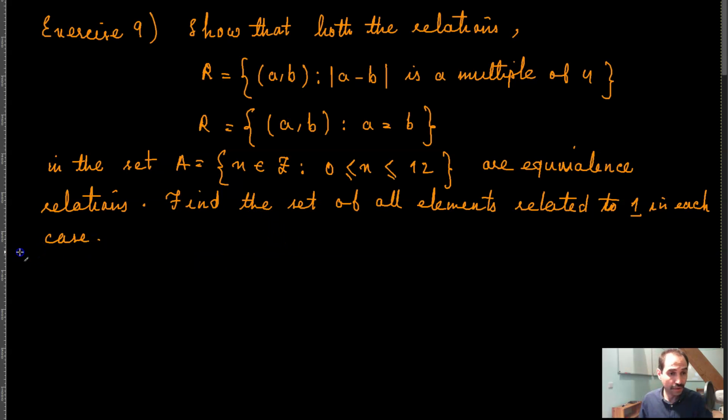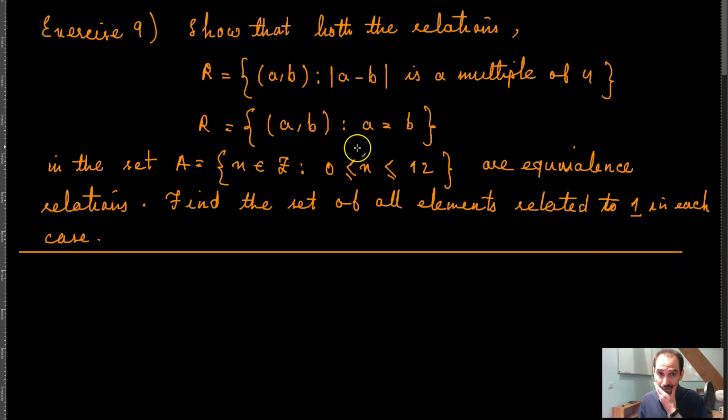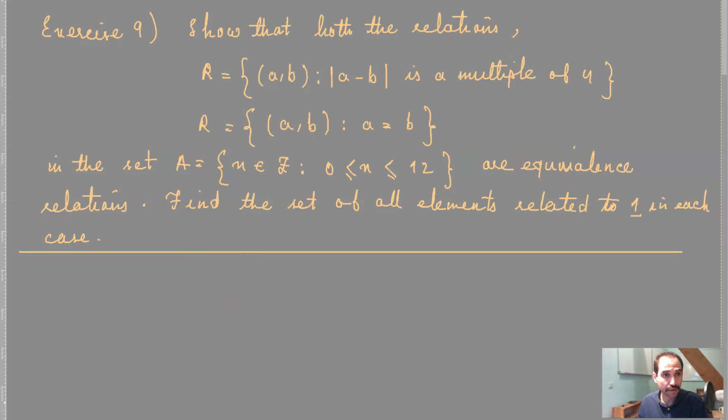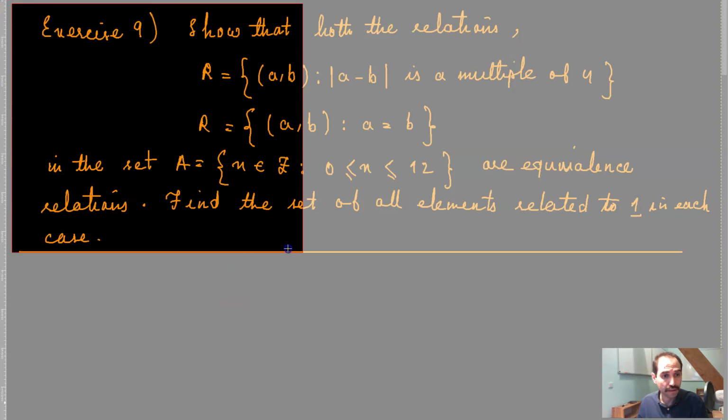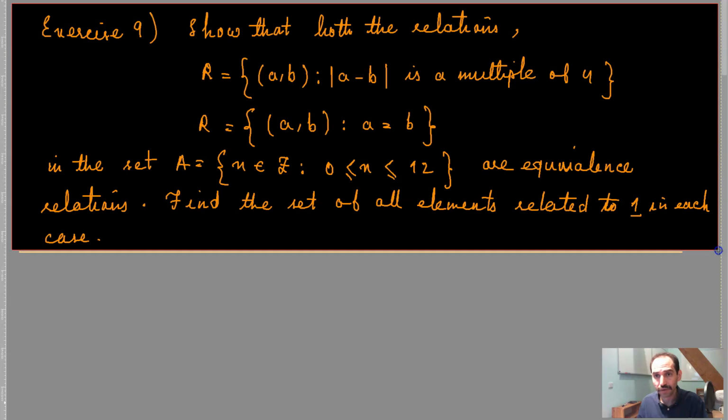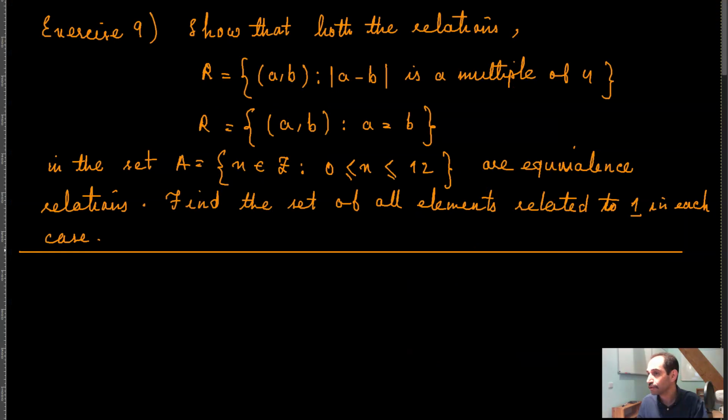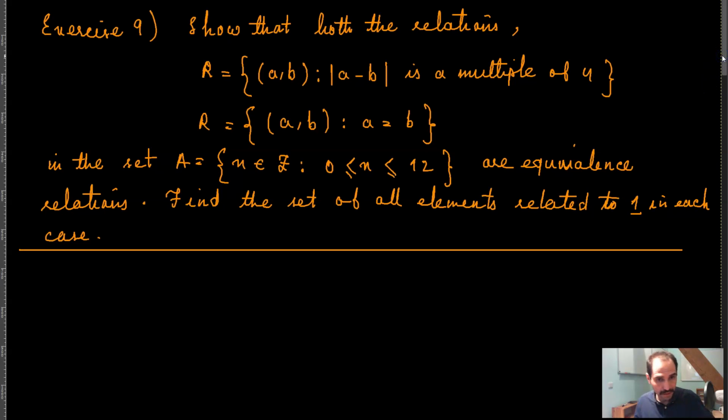Okay, so in order to solve this problem, first of all you want to show that each of these relations in this set is an equivalence relation. So we have a couple of things to do, meaning that it's actually two exercises in one exercise. So let's do that. I'll make a screenshot here so that we can use this later. And so let's get started with this.